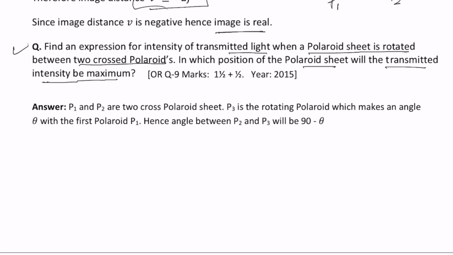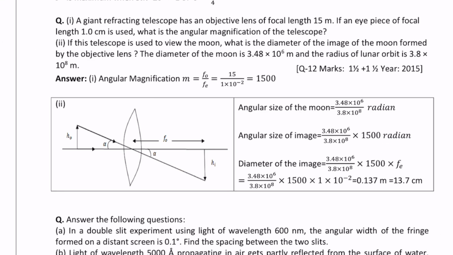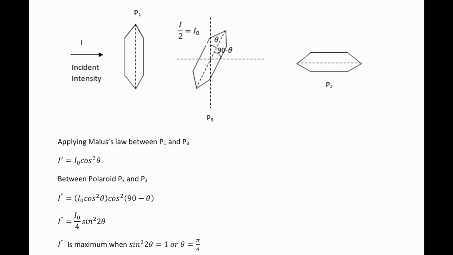P1 and P2 are two cross Polaroids. We'll see the figure in the next page. P3 is the rotating Polaroid which makes an angle theta with the first Polaroid P1. Hence the angle between P2 and P3 will be 90 minus theta. Let's see the diagram. P1 and P2 are cross Polaroids, so the dotted axis of P1 and the dotted axis of P2 make a right angle.